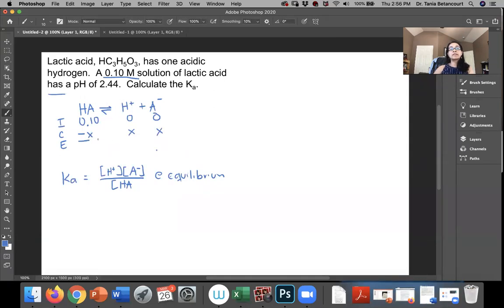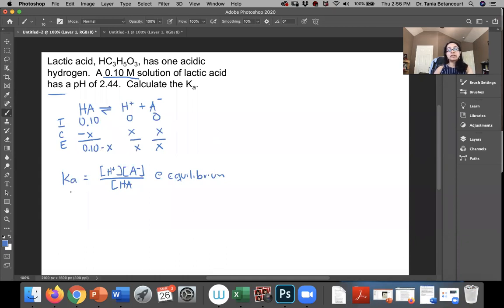And then from there, I just do the sum of each of the columns. So 0.1 minus X, and then this one is 0 plus X, which is X, and 0 plus X, which is X. All right, so obviously I don't have enough information in one column to solve for X yet.